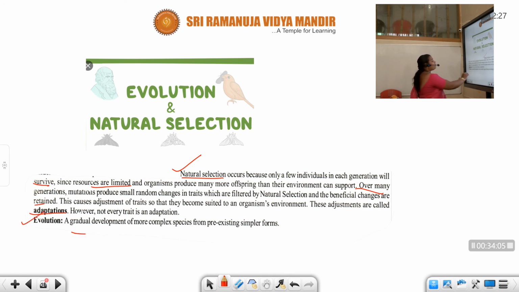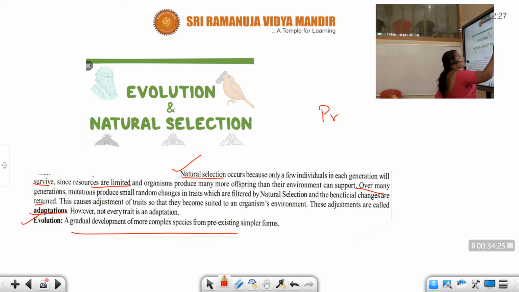Evolution, a gradual development of more complex species from pre-existing simpler forms, is known as evolution. What is the definition of evolution, students? A gradual development of more complex species from pre-existing simple forms.